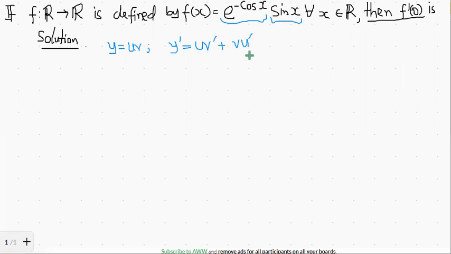So this is just a recapitulation. Here's the formula which we are going to use to solve this particular question. Now let's dive into the solution without wasting time.